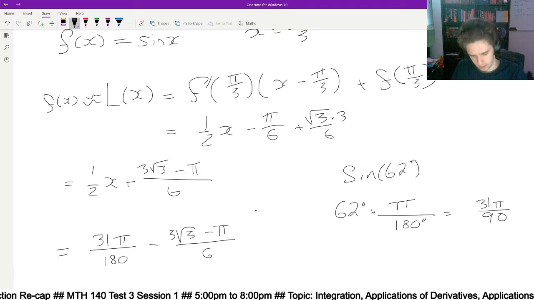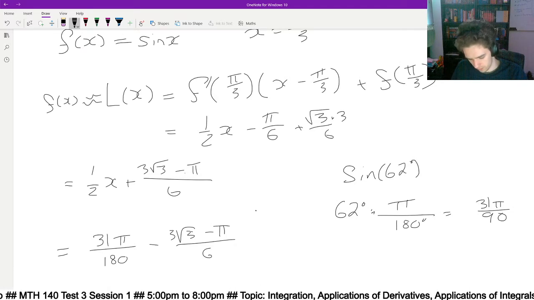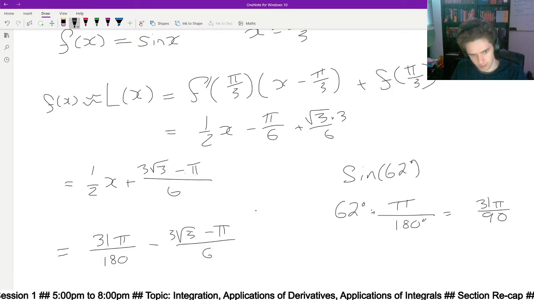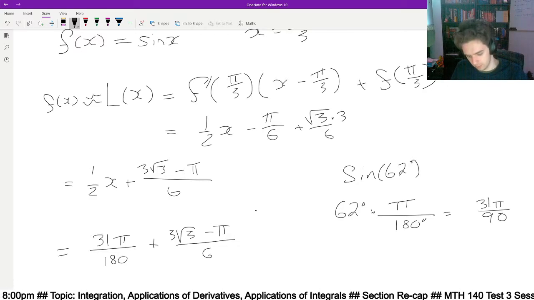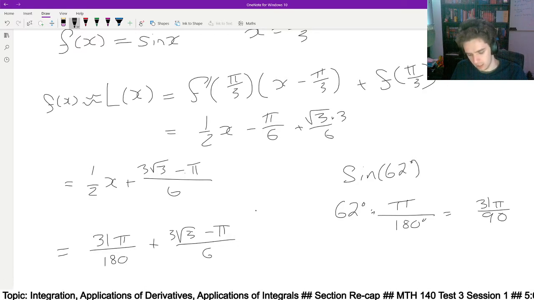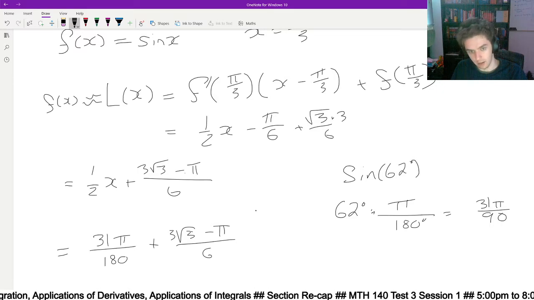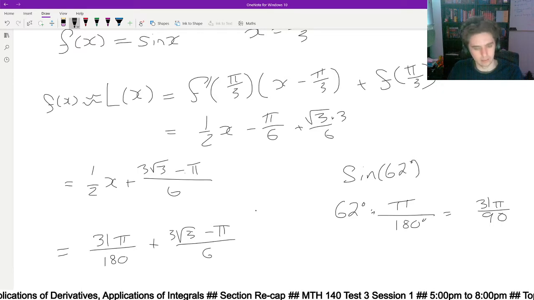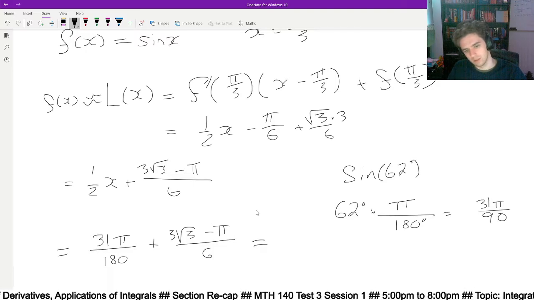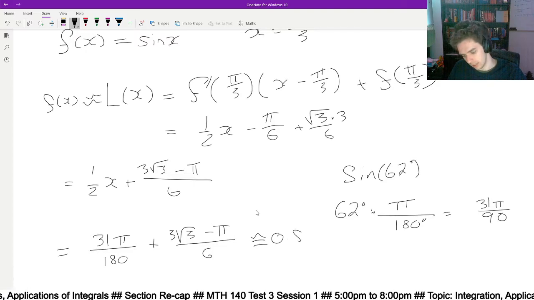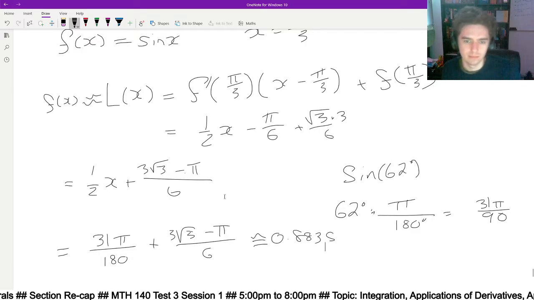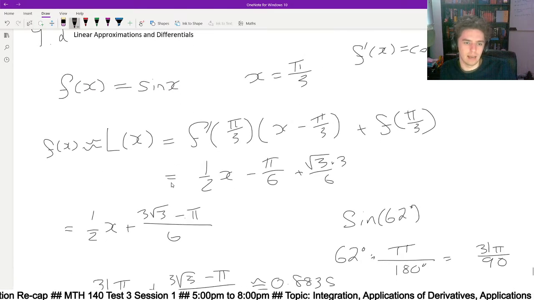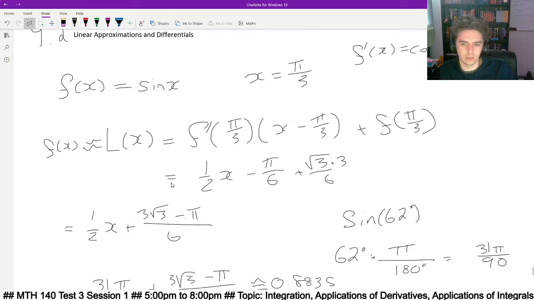So this is 31 pi over 180 plus 3 root 3 minus pi over 6. And now I get what they said, which is approximately equal to 0.8835. Okay, there we go.